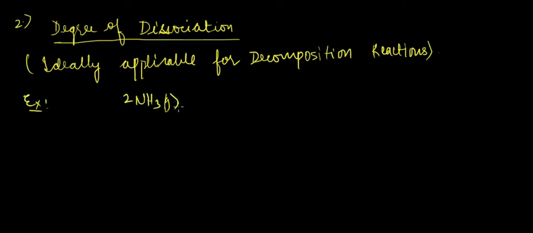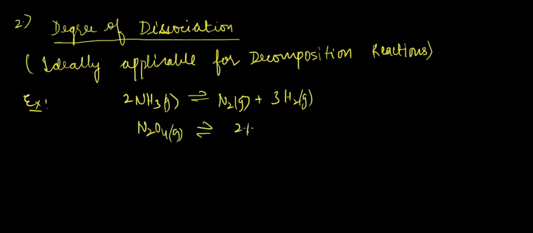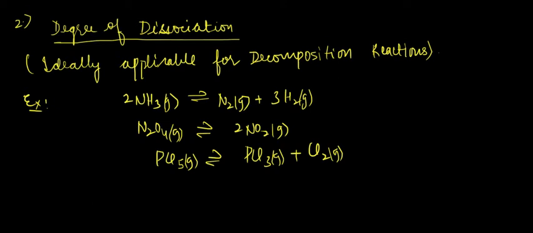Suppose we have ammonia getting dissociated, or rather decomposed as a reversible process, into nitrogen and hydrogen. Another example can be N2O4 getting dissociated into 2 moles of NO2. Another example can be PCl5 getting dissociated into PCl3 plus Cl2.